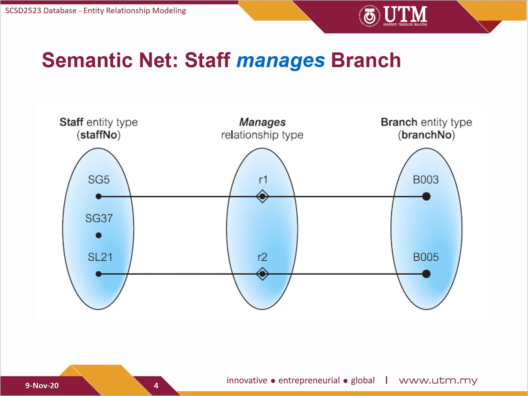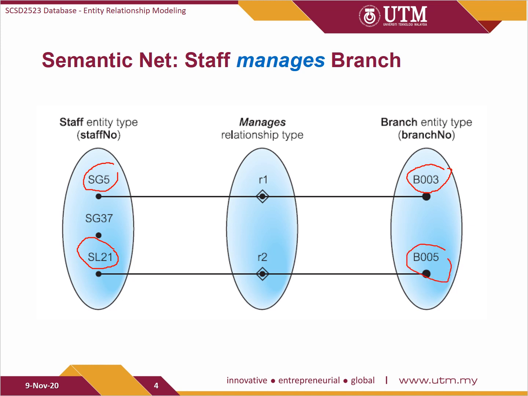So we represent each entity occurrence using the values for the primary key attributes of the Staff and Branch entities, which are staff number and branch number. From this semantic net, we can see that staff number SG5 manages branch number B003 and staff number SL21 manages branch number B005.